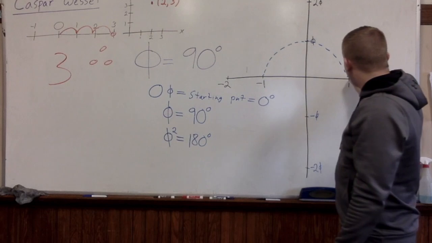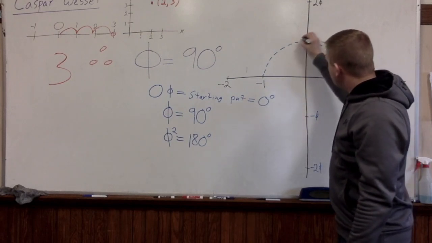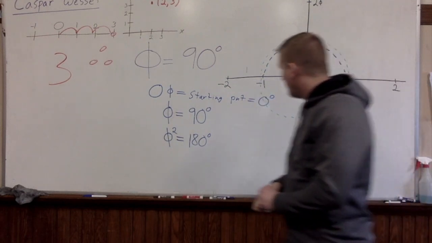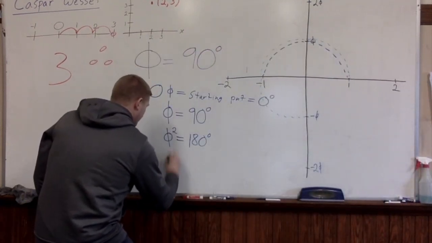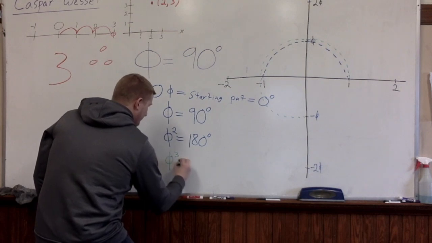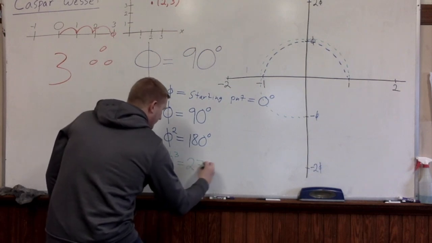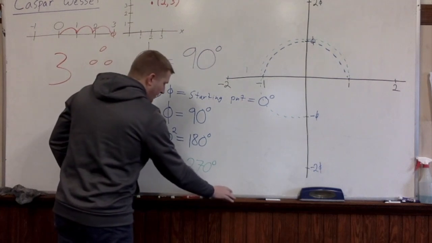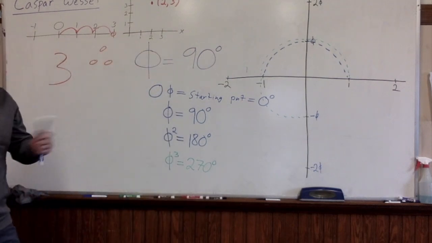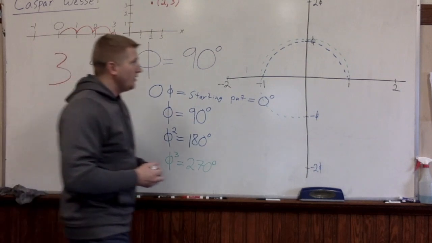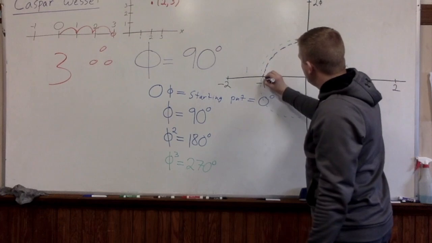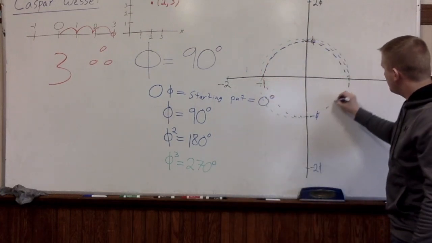Well, I'm going to have to go one 90-degree turn, a second 90-degree turn, and a third 90-degree turn, or phi cubed, which is essentially a 270-degree turn. Now lastly, if we want to make a full revolution, end up back where we started, in terms of phi, we're going to have to make 4 of these quarter turns. 1, 2, 3, 4.